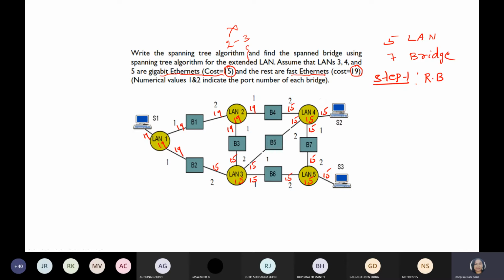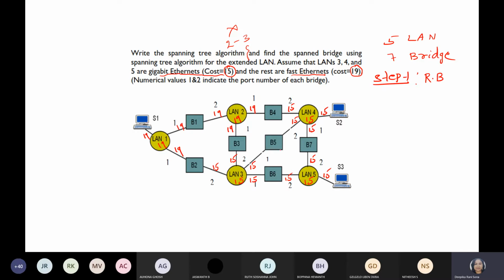These are your bridge IDs. In a later example, I may show you that if these IDs B1, B2, B3 are not mentioned and it is mentioned in a different way, how to identify the bridge ID. That is also one type of case. But here in this case, as the subscripts are mentioned with the bridge, we have to mark these as the bridge ID.